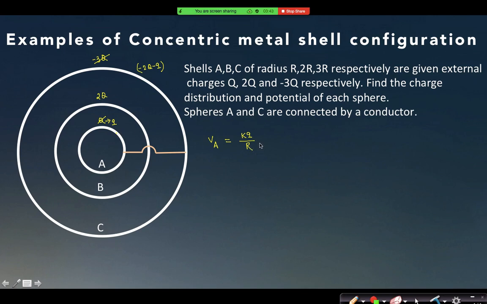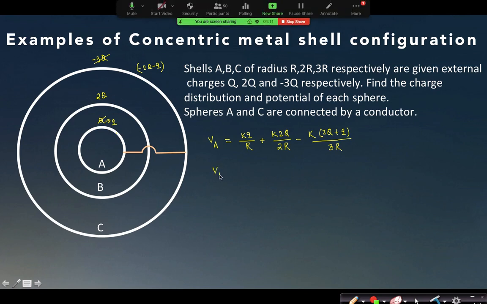K into 2Q by 2r. As it is an internal point, everywhere the potential will be the same. And similarly, for the external point, it is minus k into (2Q plus q) divided by 3r. It is the potential of shell A.